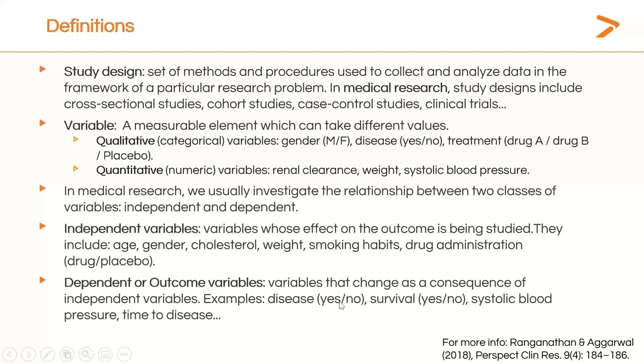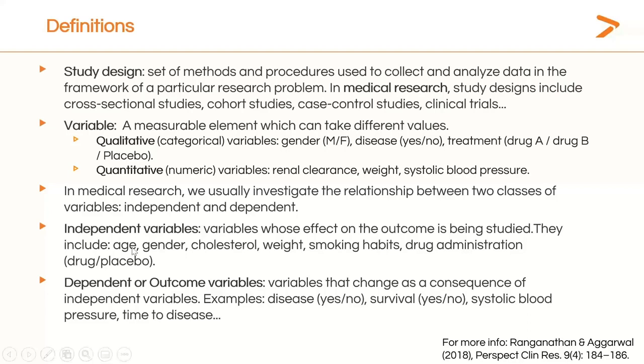For instance, disease, yes, no, survival, yes, no, the systolic blood pressure, time to disease. Here also we have several kinds of variables: qualitative, such as disease or survival, quantitative, such as systolic blood pressure, and this is a very special case of variables, the time to disease, time to an event, which we'll be investigating more tomorrow using survival analysis.